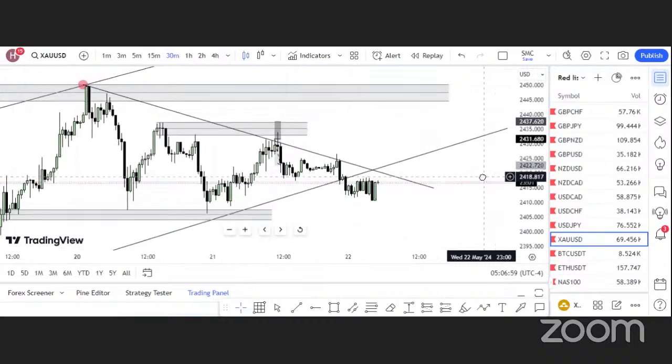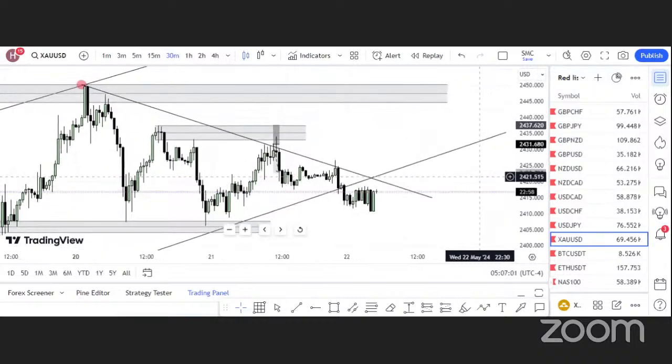So our next entry depends on how the market reacts to our trend line.